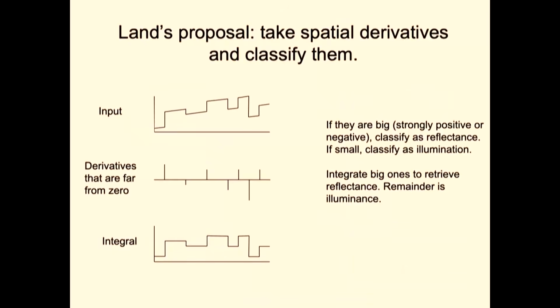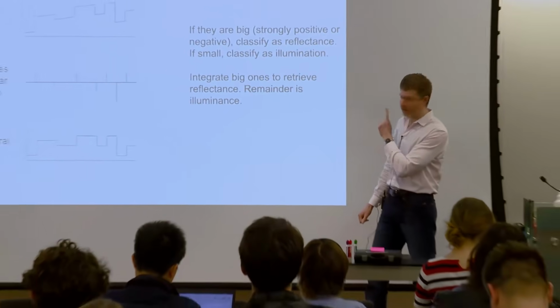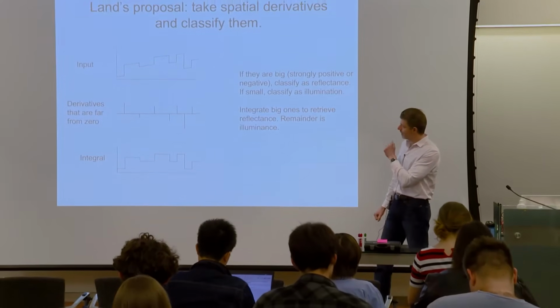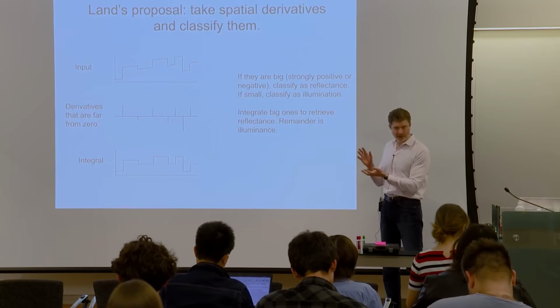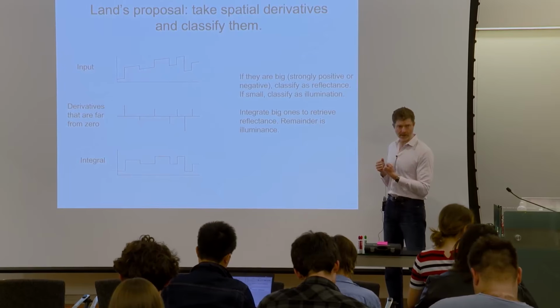Okay? And so given that assumption, if you look at spatial derivatives, so how the luminance changes as a function of space, it follows that big changes, abrupt changes, should be due to reflectance, and small changes, small derivative values, should be due to illumination.